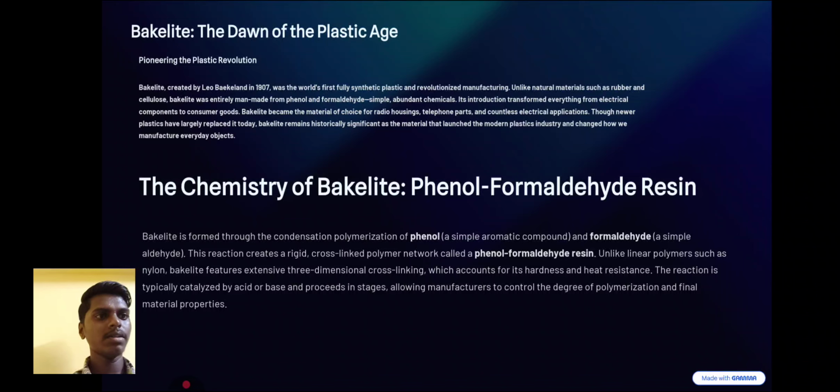Unlike linear polymers such as nylon, bakelite features extensive three-dimensional cross-linking, which accounts for its hardness and heat resistance. The reaction is typically catalyzed by acid or base and proceeds in stages, allowing manufacturers to control the degree of polymerization and final material properties.